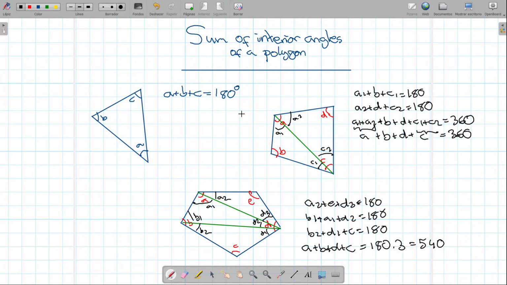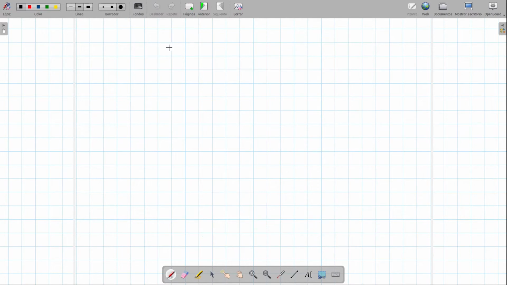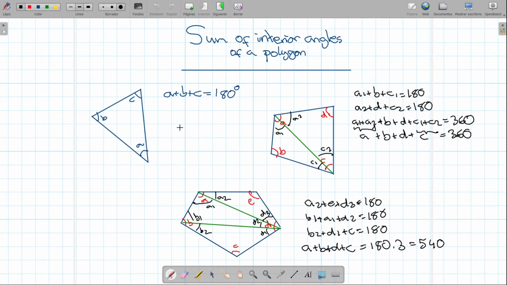So if we extend this to a polygon of n sides, we see the pattern that we were following here. With a four-sided one we could create two triangles, so that's 4 minus 2 is 2.